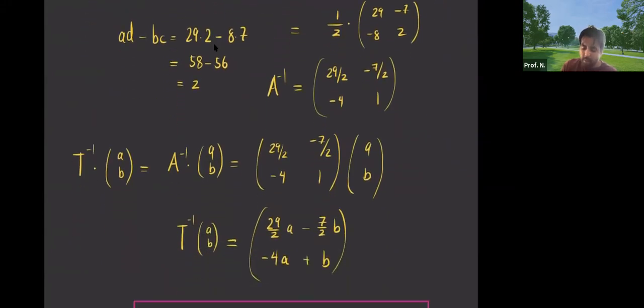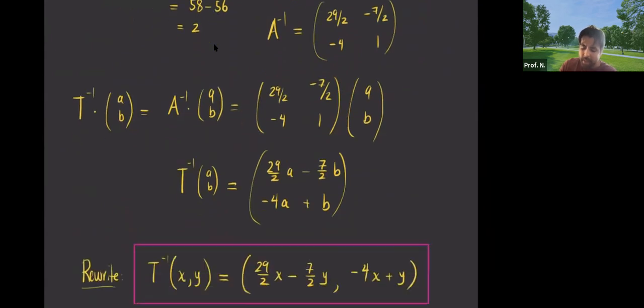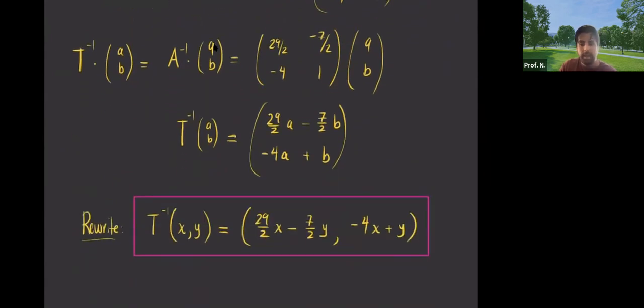Once I have that inverse, I apply it to some random vector, and that gives me the inverse of whatever T would be. Then I can rewrite the rule for T inverse using these coordinates.